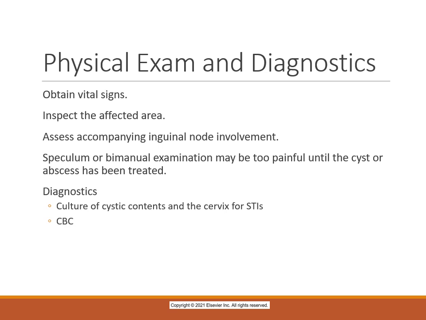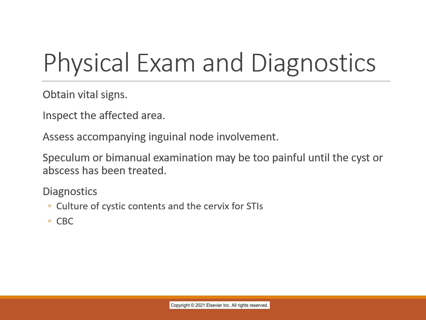Upon your physical exam and diagnostic tests, you want to obtain vital signs to identify infection, inspect the affected area, and assess accompanying inguinal node involvement. Where you have infection, you may feel an enlarged inguinal node on that side.